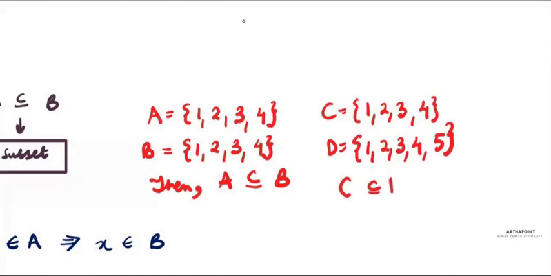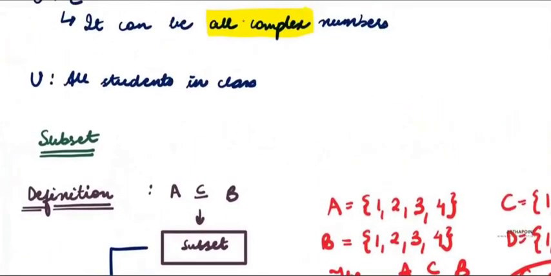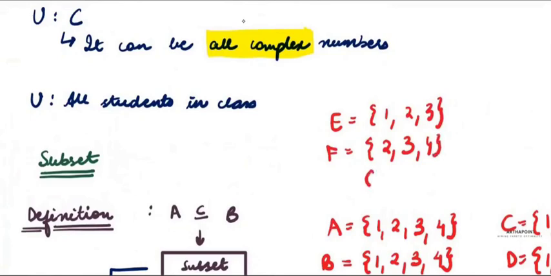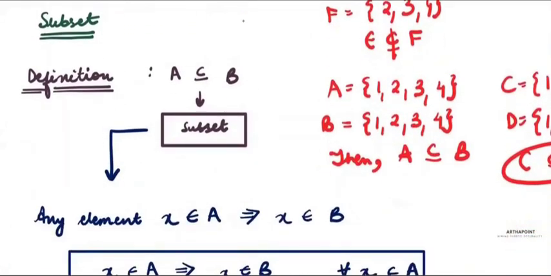Then C is a subset of B. Because whatever is coming in C is definitely coming in B. Supposedly, I tell you that E is 1, 2, 3. F is 2, 3, 4. Then E is not a subset of F, because whatever is there in E is not there in F.